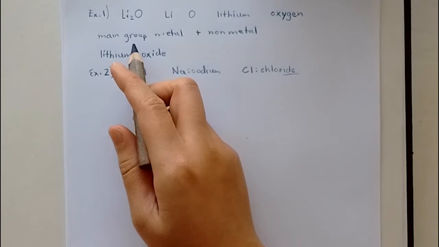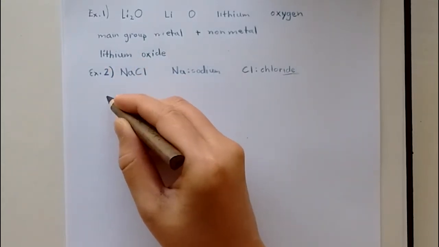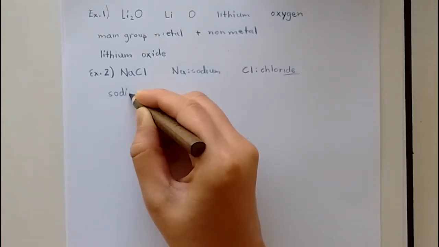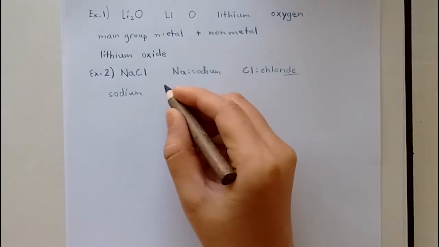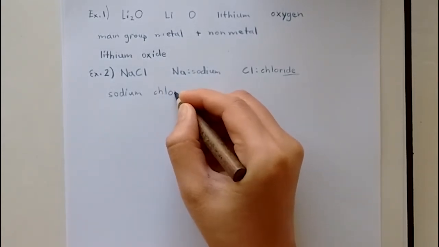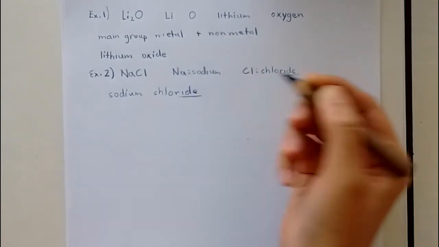So as we did for the first example, we have the full name of the first element, sodium, plus the base name of the second element, chlor, with the ending "-ide".